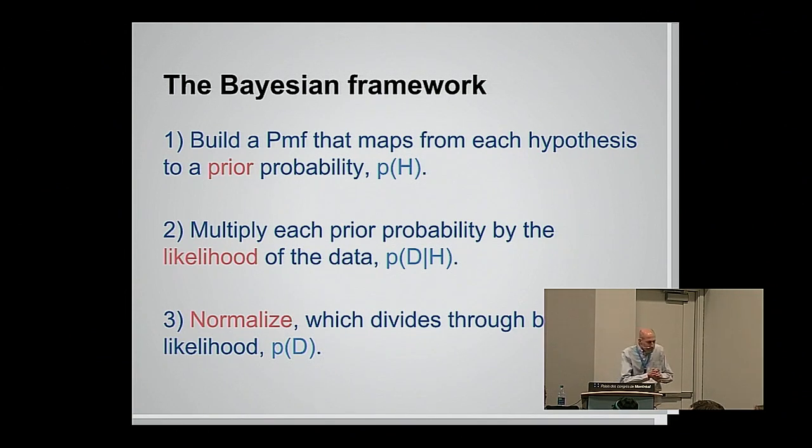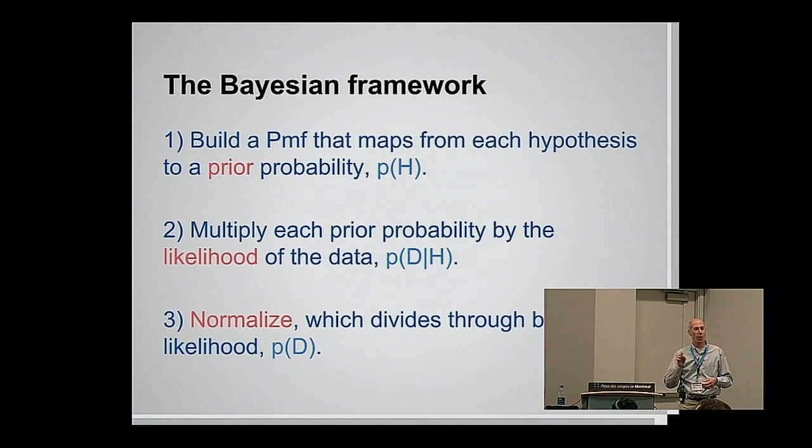OK. So we've got this PMF object. We're now going to use this PMF object to do some of these Bayesian computations. And what this framework is going to look like is you're going to start out by using a PMF that maps from each hypothesis to its probability. You're going to use the likelihood of the data to update each hypothesis in the PMF.